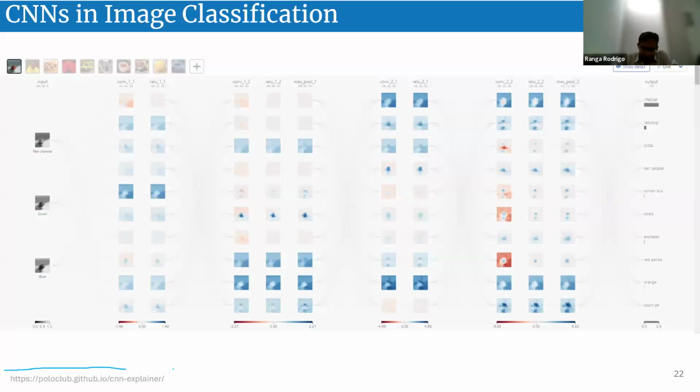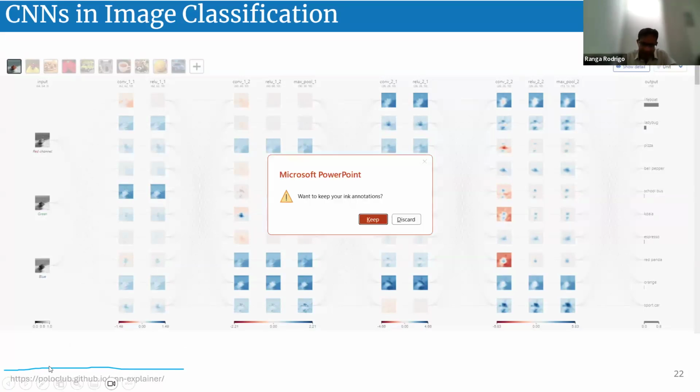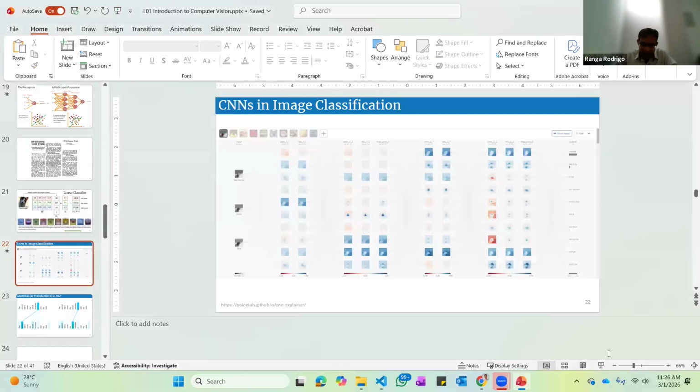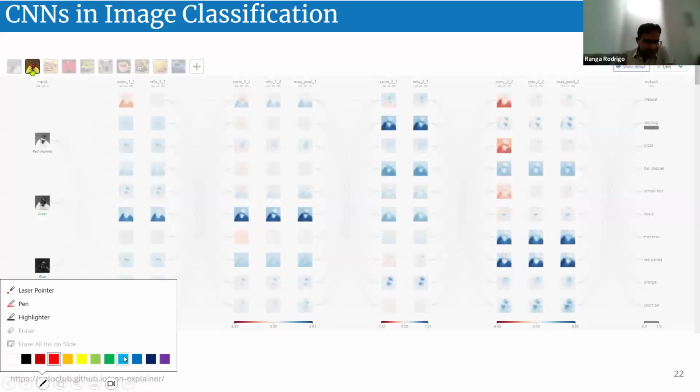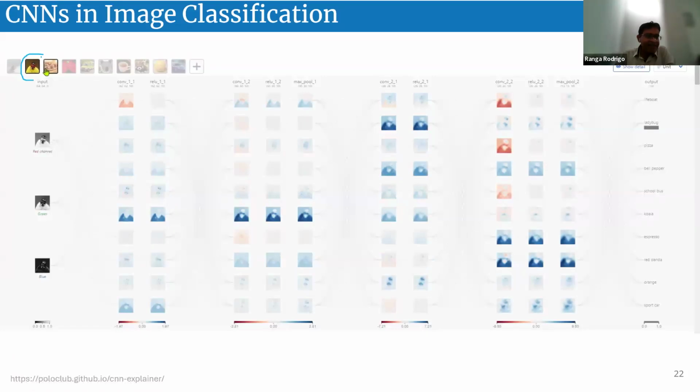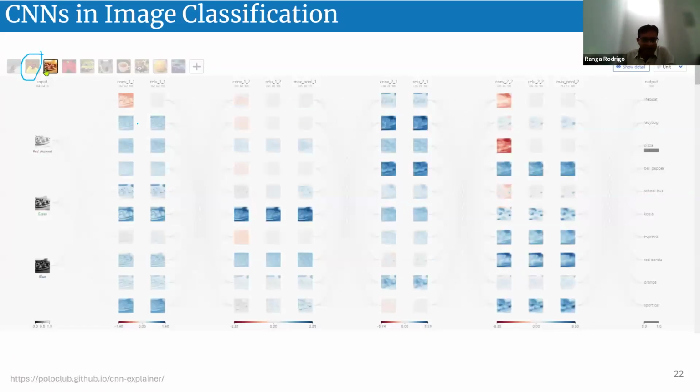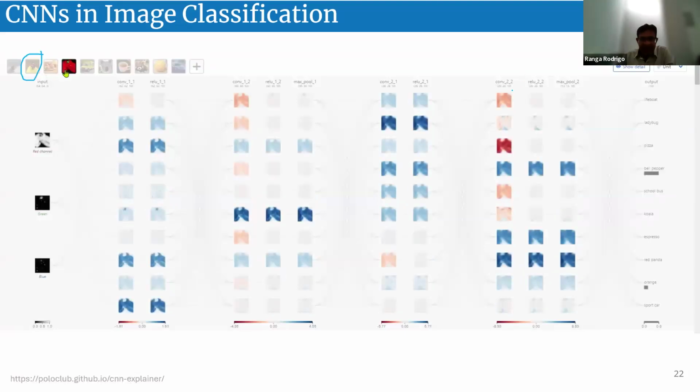This is how the convolutional neural networks work. You can go to that website and see for yourself, but I will not explain too much. I will run the animation a little, and you can see how the convolutional neural networks activate things. One thing you can see is when the person clicks ladybug and so on, it activates a certain number of paths, and then the appropriate thing is highlighted, right?